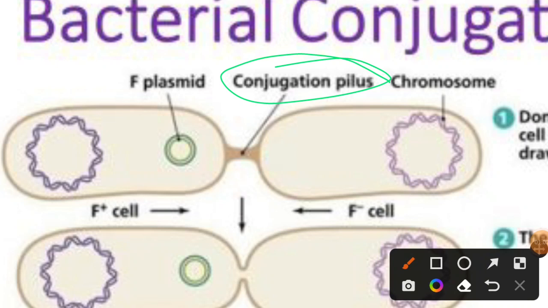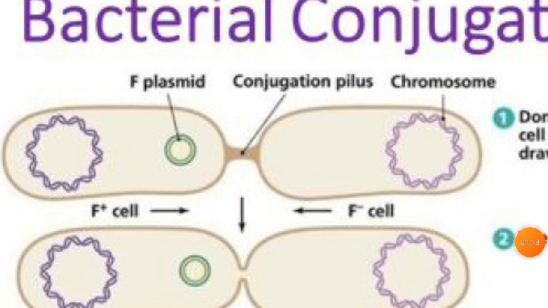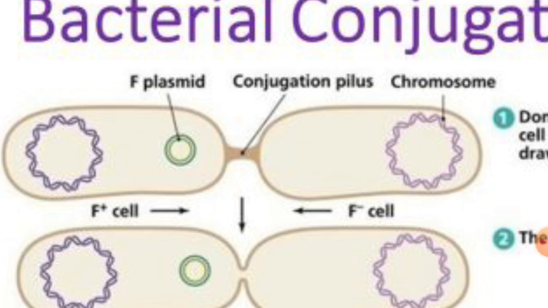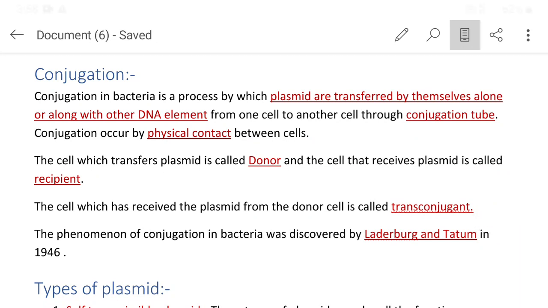This plasmid will be transferred through the conjugation pilus to another bacterium that usually lacks the F plasmid. The bacterium which already contains the F plasmid is known as the donor bacterium, and from the donor bacterium the plasmid is transferred to another bacterium, which is known as the recipient bacterium. Clear? So that is what I have written here.